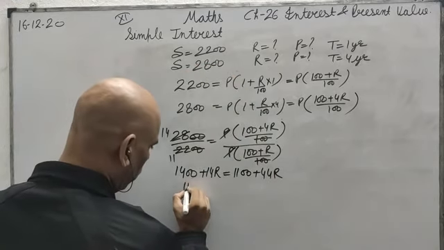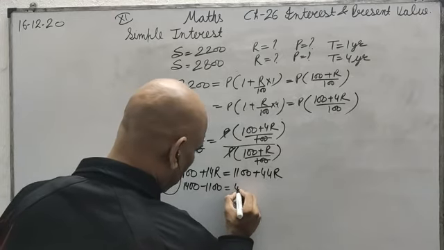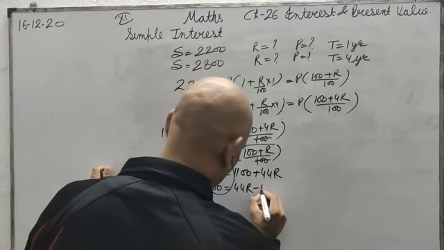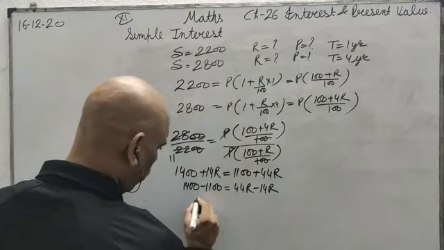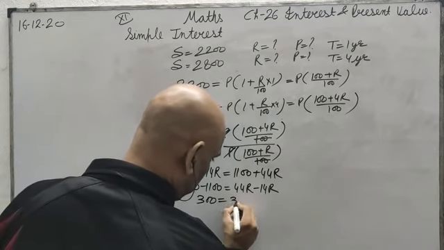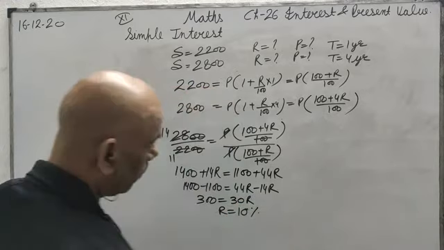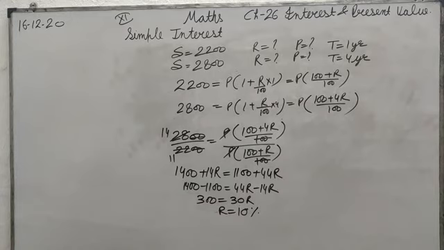So now 1400 minus 1100 and 44R minus 14R, we got 300 equals 30R. So R of ours is 10%. We got R of ours is 10%.